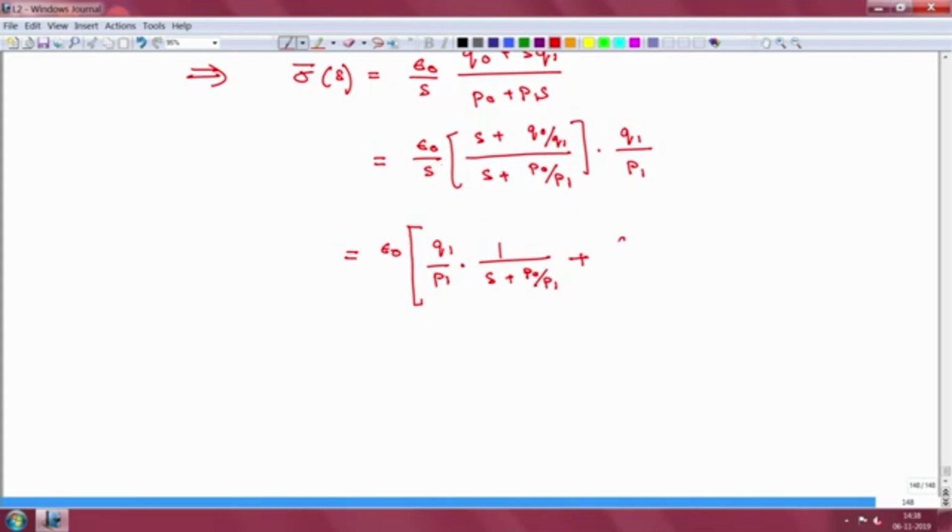In the second one, we have Q1 by P1 multiplied by Q naught by Q1 to 1 by S plus, okay, so this simplifies.